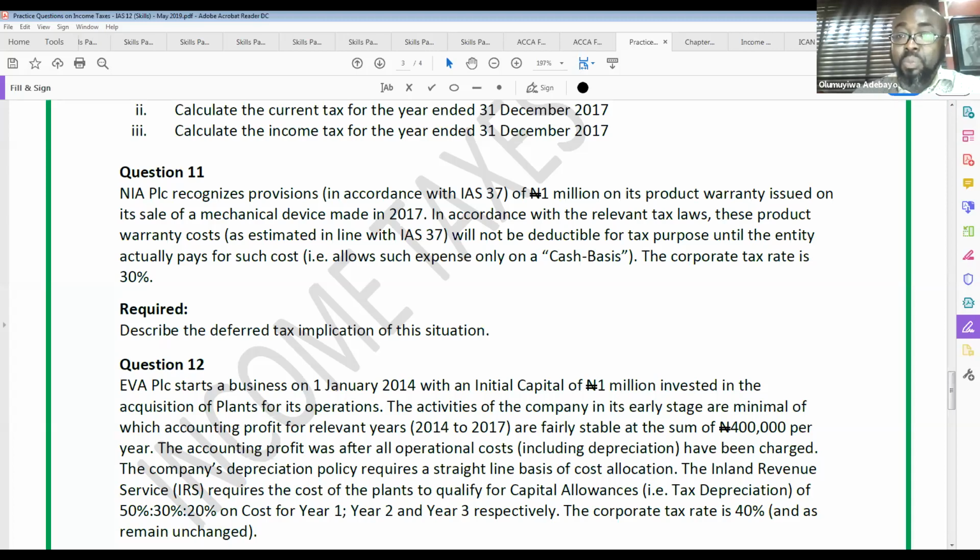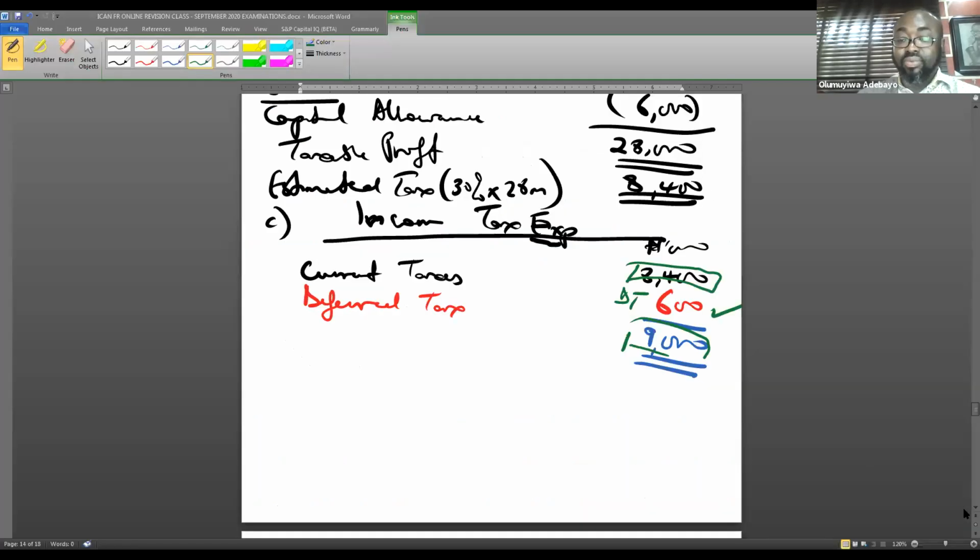Very simple. Now, provision for warranty falls under IAS 37. In that light, provision is a liability.